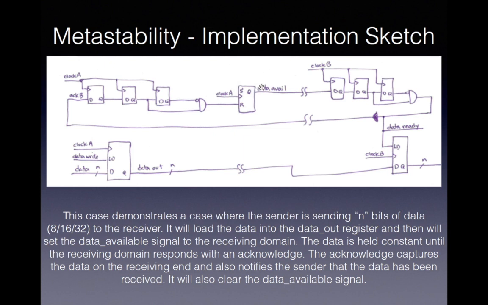That causes the data available signal to go to the receiving clock domain, where it needs to be synchronized. Once it's synchronized, the receiver can generate a pulse which comes back to acknowledge and knock down the data available. At the same time, it's used to capture the data off the bus.